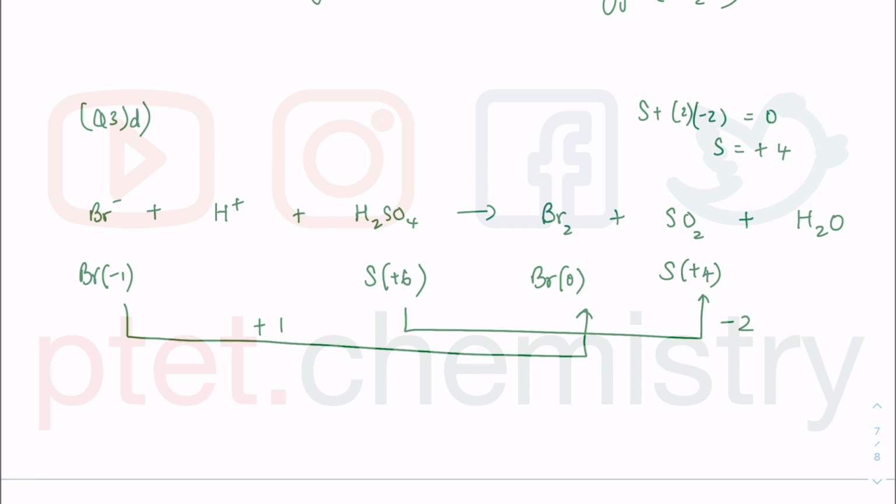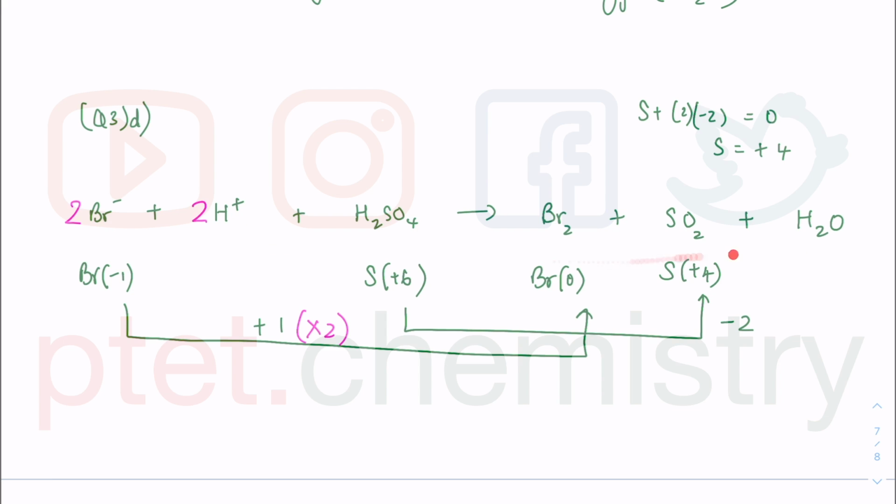Changes in oxidation number must be balanced. So I have to multiply this by 2 in order to balance the changes in oxidation number. What happened then is I've got 2 there, but I cannot change 2 here because this is 2 times minus 1. So I have 2 times Br minus 1 now. So 2 bromine and 2 bromine. And the H plus come from HBr. So if I have 2 Br minus, I have 2 H plus as well.